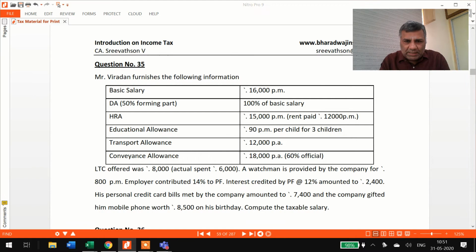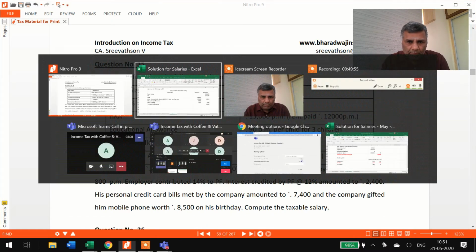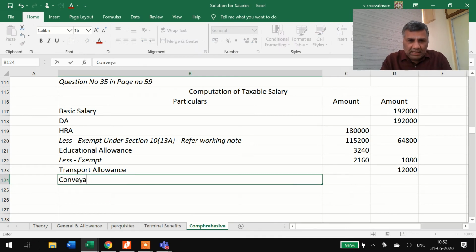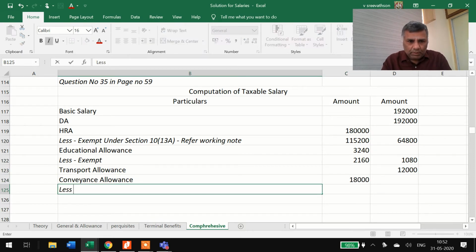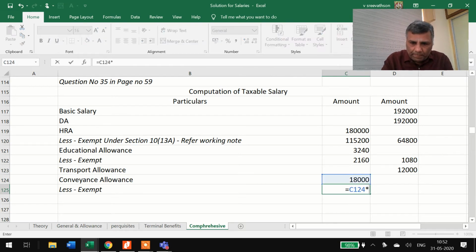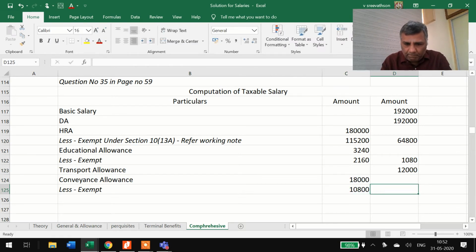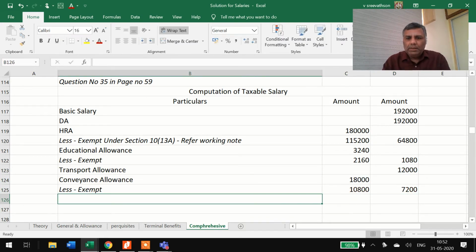Fully taxable 12,000. Conveyance allowance 18,000, less exempt, taxable component 7,200.